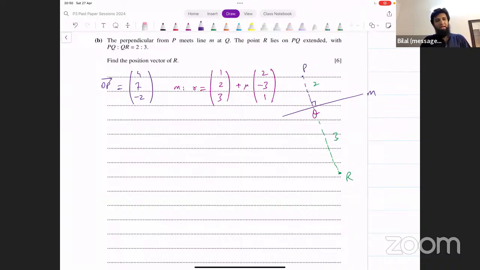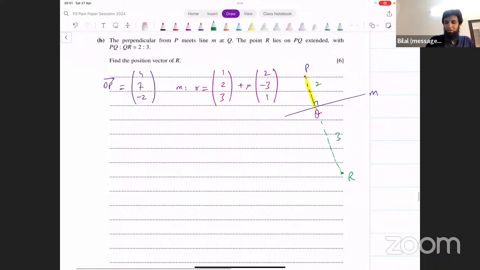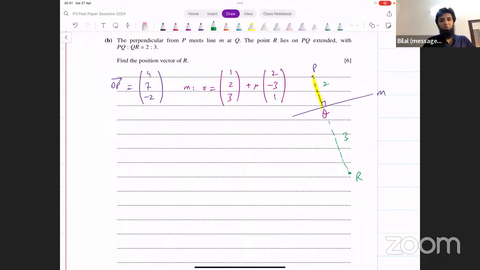It's the same process that we did for the earlier question, the vector question in the last paper as well. Let's follow that same process again quickly. First of all, we need to find the vector PQ somehow. How do you find the vector PQ? For that, we need OP and OQ. OP is already given. What's OQ? OQ is going to be of the same form as the equation of the line.